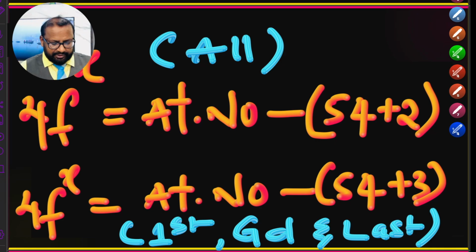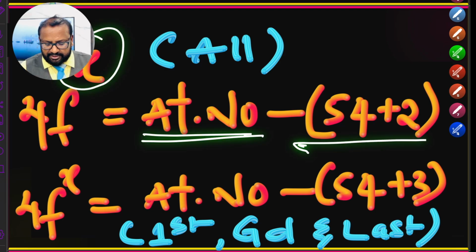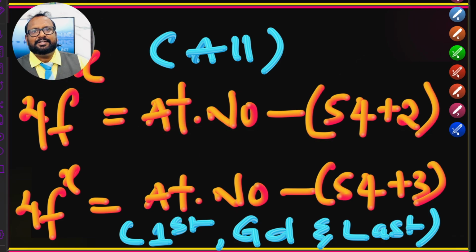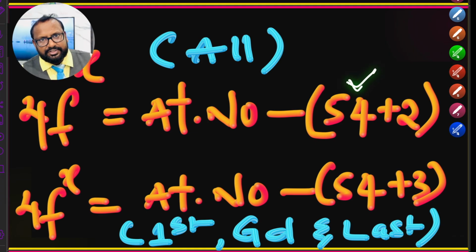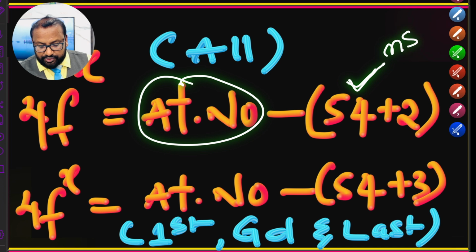For lanthanides, 4f^x equals the atomic number of the lanthanide, from which you subtract these two numbers. What are these two numbers exactly? 54 is the nearest noble gas configuration, xenon, and that is what we have to subtract from the atomic number. We also have the ns2 electrons.